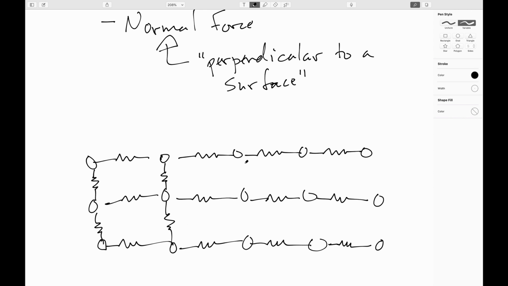In fact, in organic chemistry labs, when you do infrared spectroscopy, one of the things you do is you actually work out what the spring constants of each of the bonds are. So this model of treating it as a spring is pretty accurate.